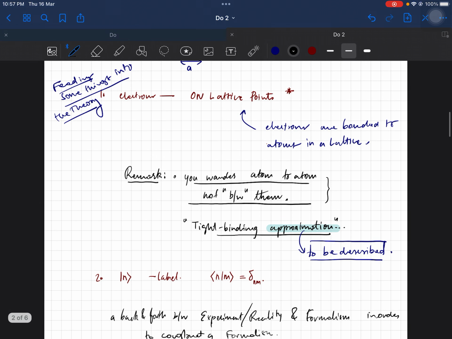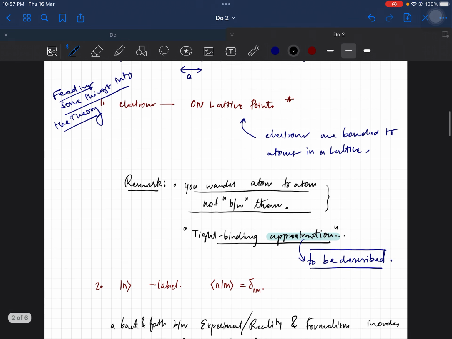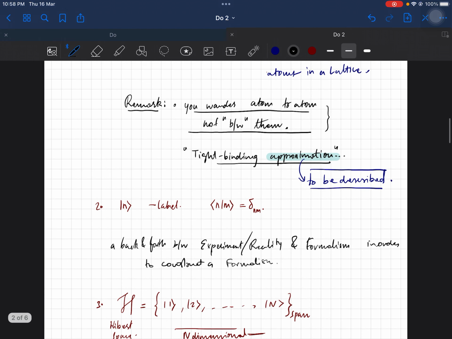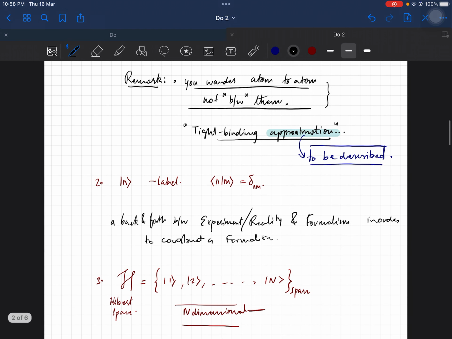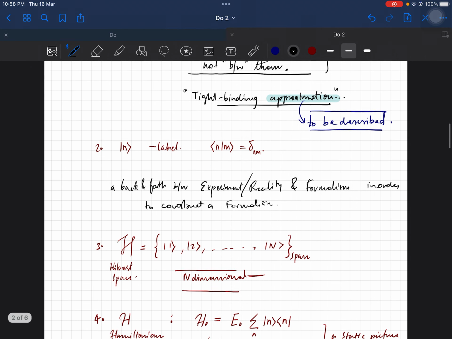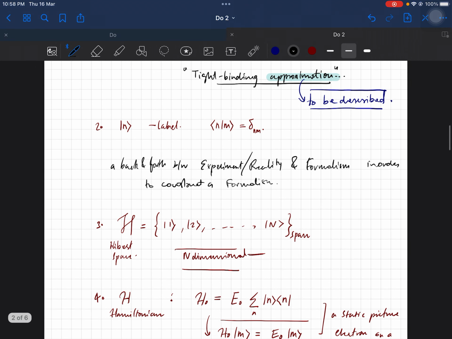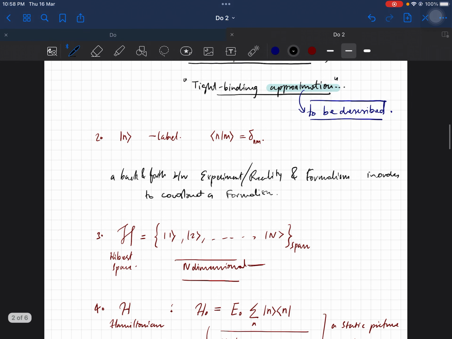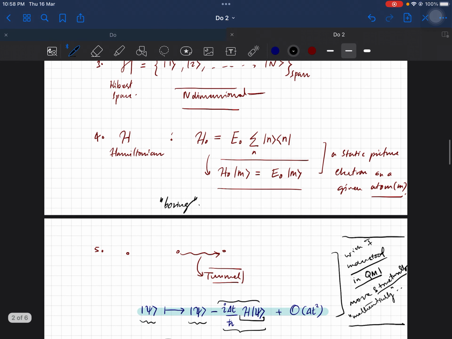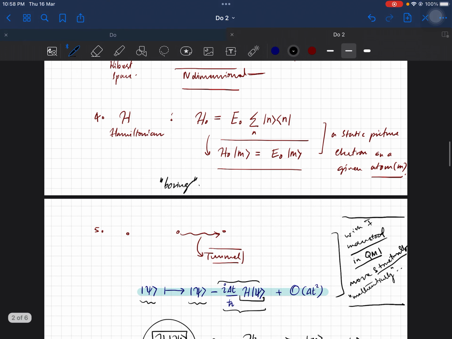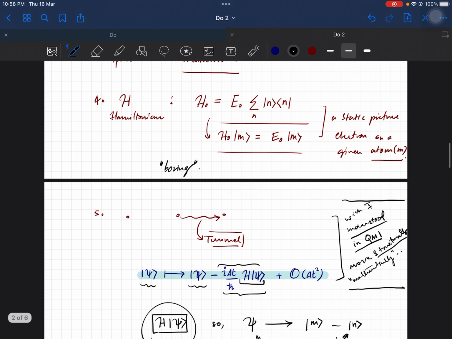The first assumption being that the electrons are on lattice points, they cannot be in between them, and we label the states by n, the Hamiltonian spanning those N states, an N atom lattice.